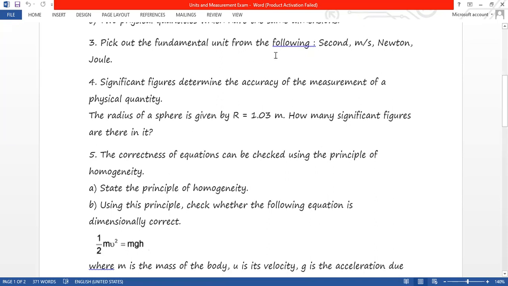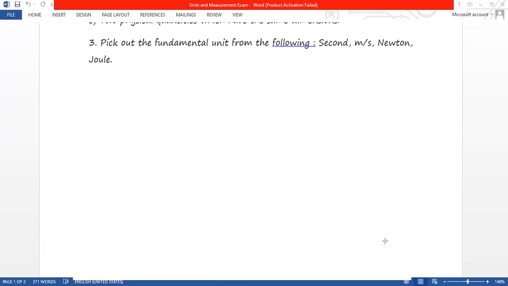Pick out the fundamental units from the following: second, meter per second, Newton and Joule. We need to select the fundamental units, right? What are the fundamental units?